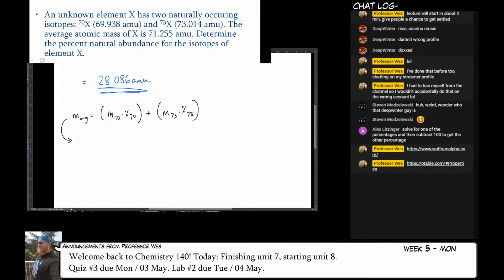If the average mass is 71.255, that would equal the mass of 70, 69.938, times x, we'll make x this, plus the mass of 73, which is 73.014, times y, so y is this one. And then we know that x plus y equals 100%.